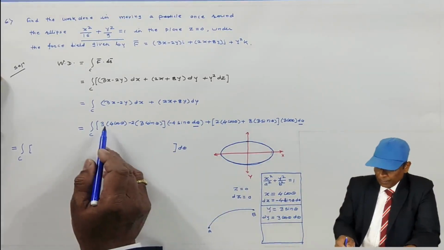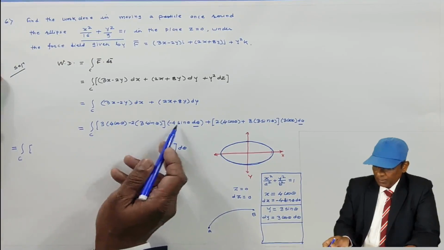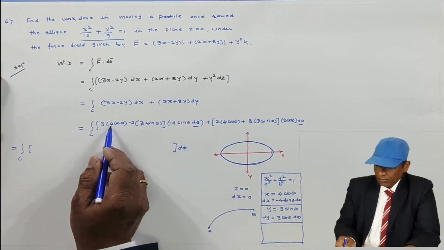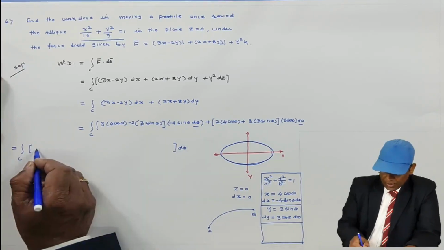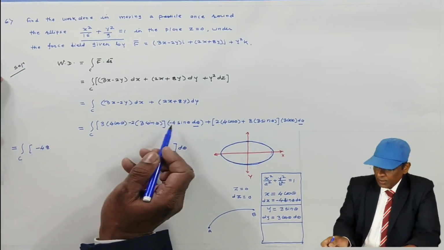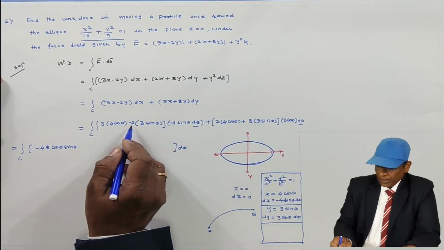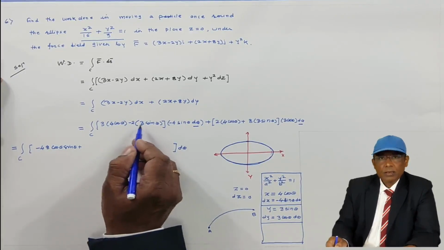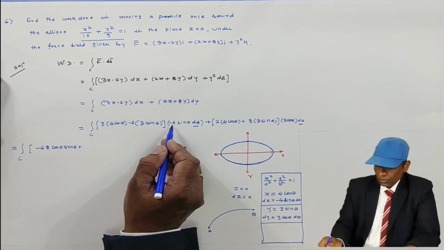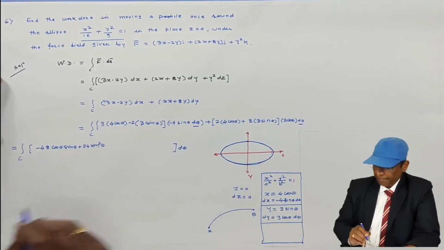Now, the product of this multiplied by this is 12 into minus 4, minus 48 cos theta sin theta. Then minus, minus plus: minus 6 into minus 4, 24 sin square theta.